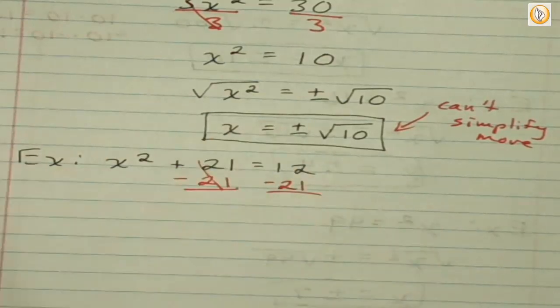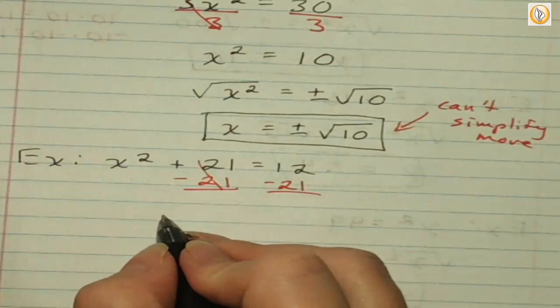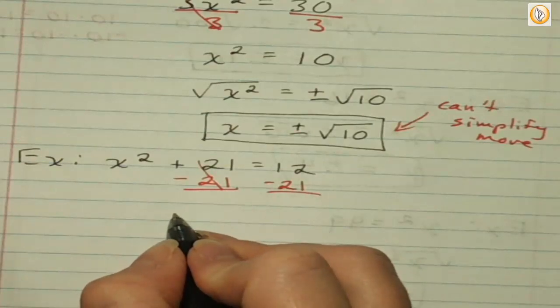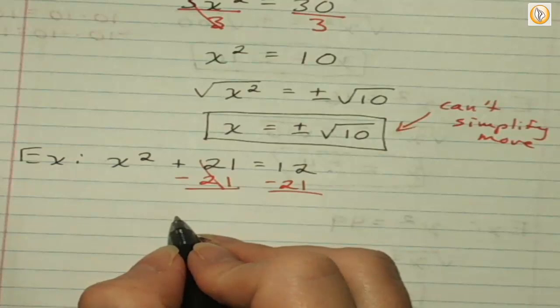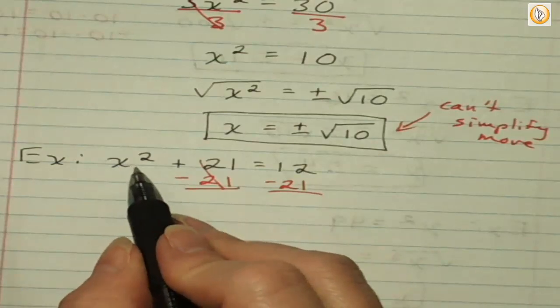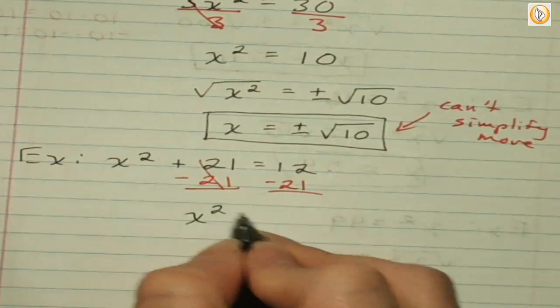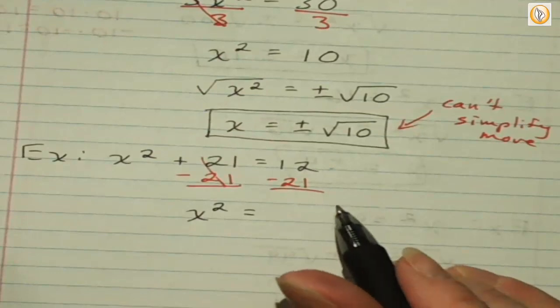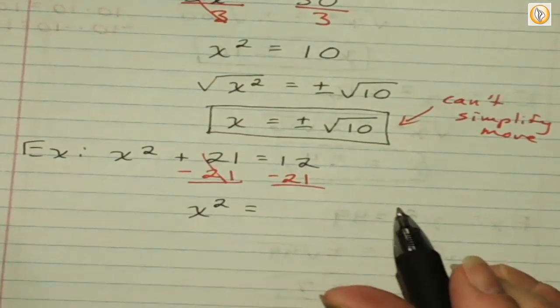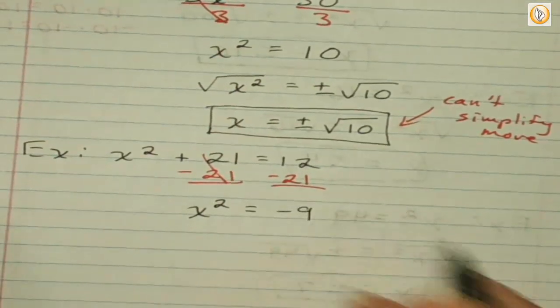Subtracting integer. And what do you get? We get x squared equals what? x squared equals negative 9.